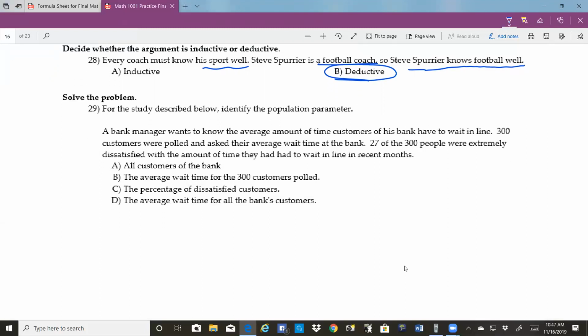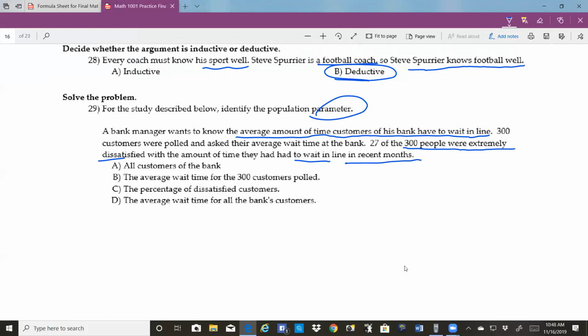Number 29, we want to identify the population parameter in this study. It's not the population, but the parameter. A bank manager wants to know the average amount of time customers of the bank have to wait in line. 300 customers were polled and asked their average wait time at the bank. 27 of the 300 people were extremely dissatisfied with the amount of time they had to wait in line in recent months.